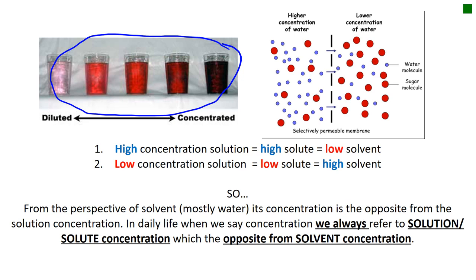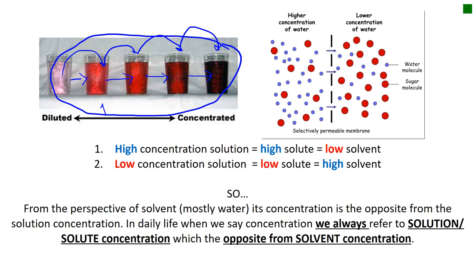As you can see from the first picture, the concentration of food coloring from one glass to the next is increasing. The food coloring in this picture acts as the solute. So the concentration of solute is getting higher and higher.